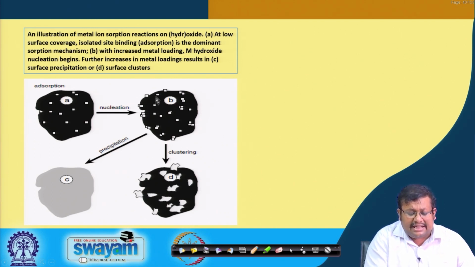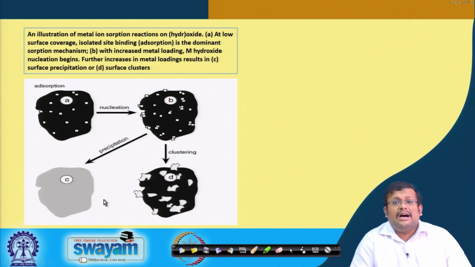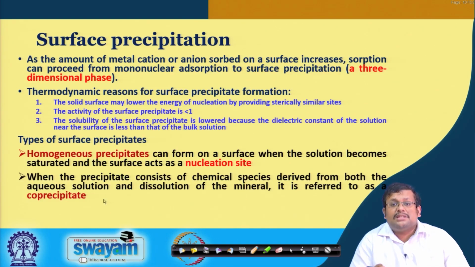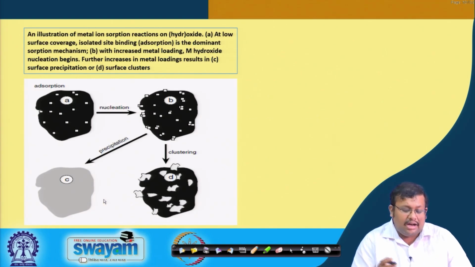So, basically the nucleation begins, so the phase formation starts here, and with the further increase of metal loadings, it basically results in the surface precipitation you can see here and the surface cluster. So, this is how the surface precipitation of different metals occurs on different hydroxides.